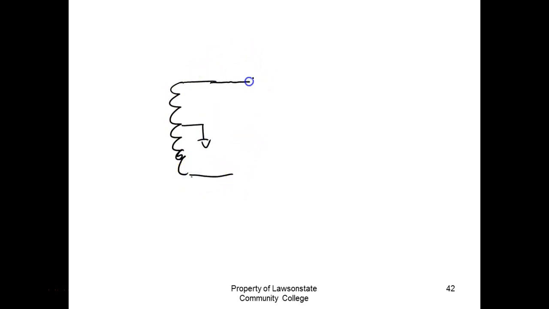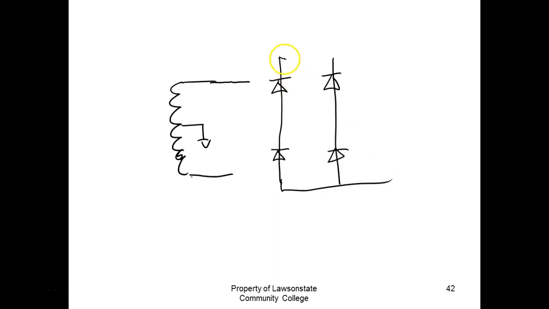And then I've got this hooked up to a bridge. I've got this coming in here. I've got this coming in here.